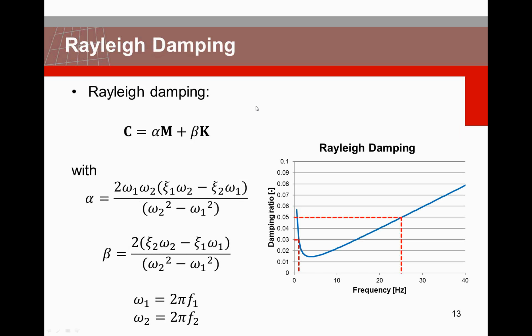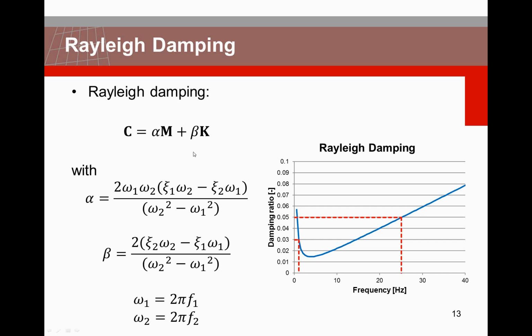We want to go a little bit more into detail on this Rayleigh damping, because this is the most common form of damping being applied. As I just said, the damping matrix is set up as a fraction of your mass matrix plus another fraction of your stiffness matrix. How do we get to these alpha and beta values?